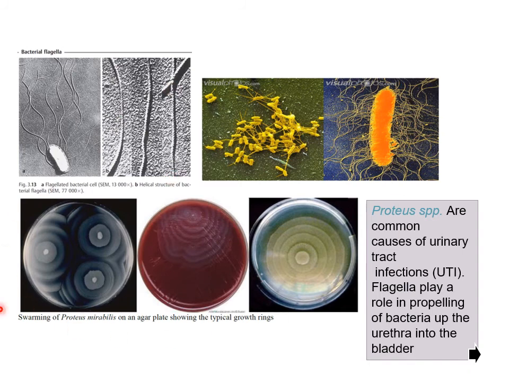In the lower part of the picture below, you can see the flagella cause the bacteria to look a bit different on the petri dish. They look a little bit like swarming or moving around the plate, and this is appreciated for a group of bacteria called Proteus. We will learn about these in more detail in the lab.